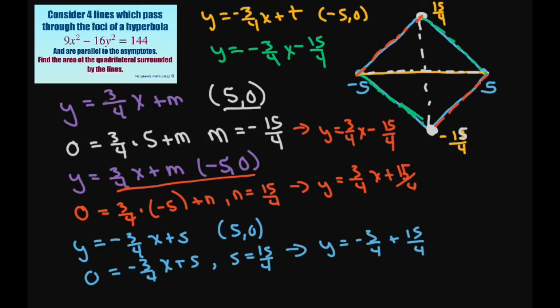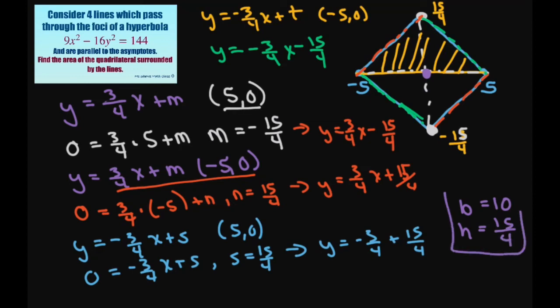So there is what we have. To find the shaded area, I'm going to take the triangle of this one and just multiply it by 2, because it's symmetric about the origin here. So your base equals 10 and your height equals 15 divided by 4.